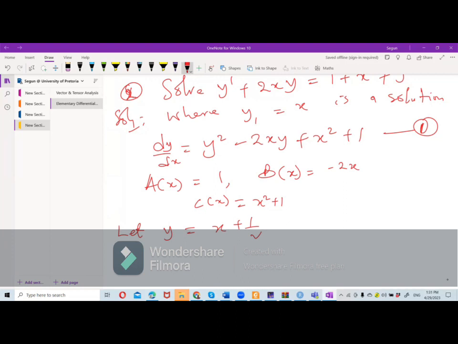We can now differentiate y with respect to x. If I differentiate y, the x will be what? I have 1 minus 1 all over v squared dv dx, equation 2.